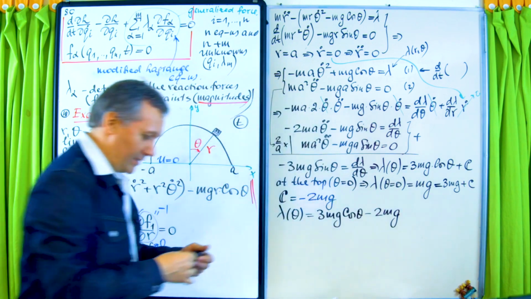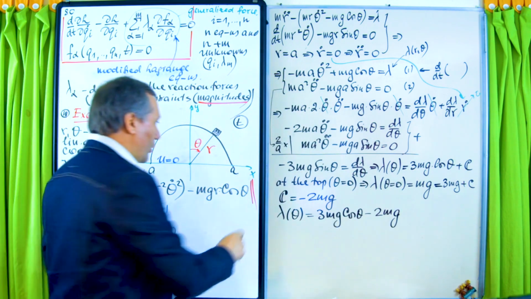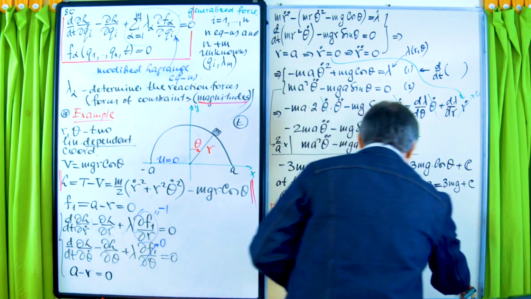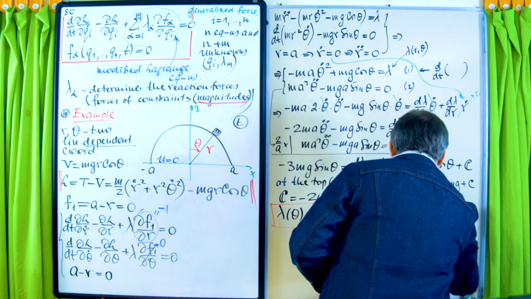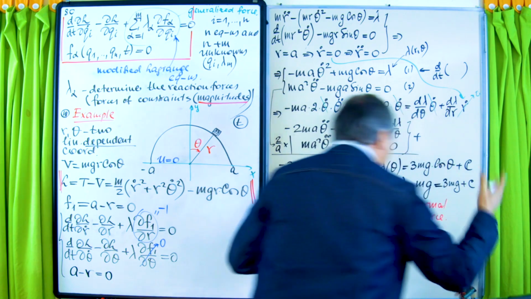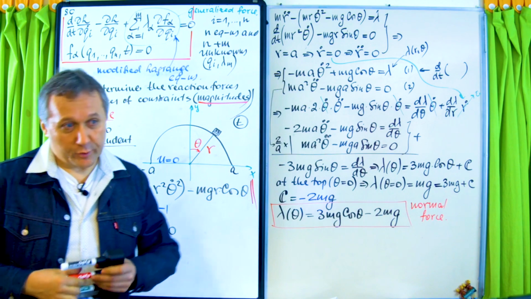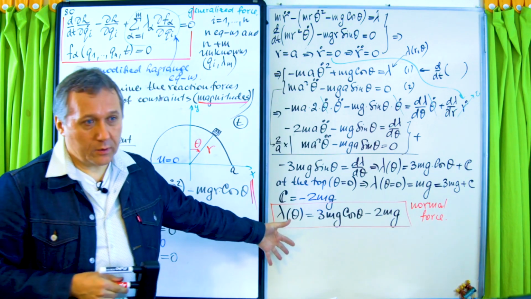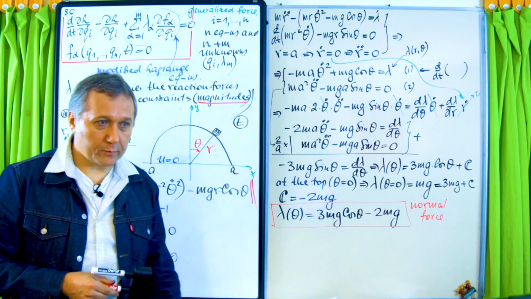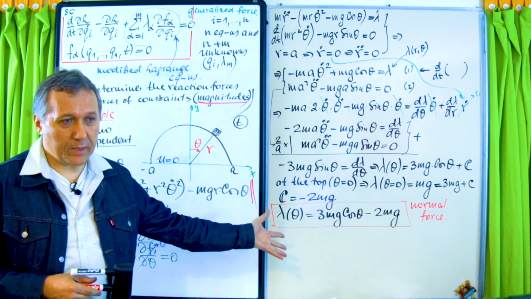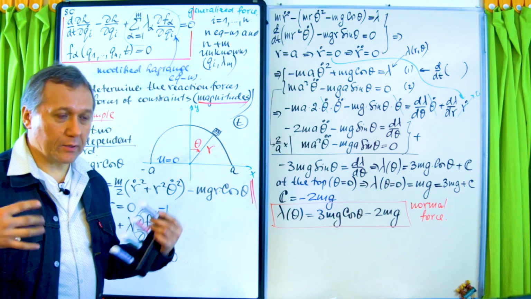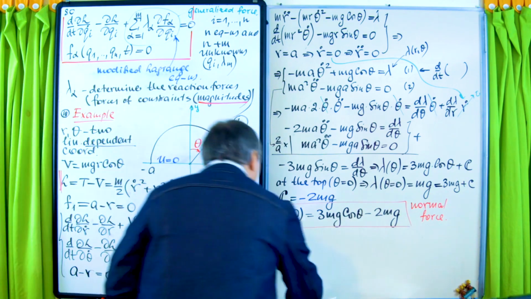So that's how the normal force changes with angle, right? So that's the normal force. Again, identifying that it is the normal force, of course, you have to do it. And the angle at which the puck flies off from the surface, we can easily find by setting lambda to 0, because lambda must be non-negative.